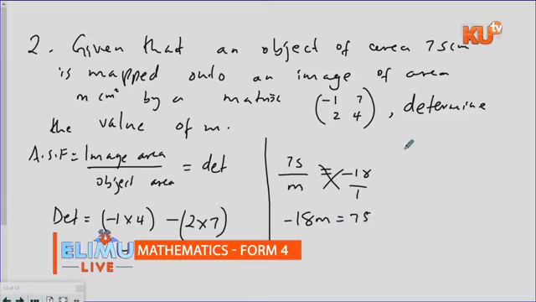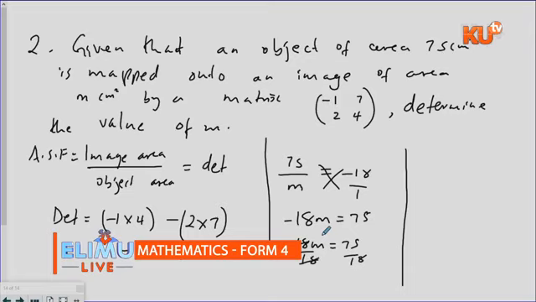We cross multiply, we'll have negative 18m equals 75. But remember, we take the absolute value of m because we're talking about area, and area cannot be a negative value. So it will be 18m equals 75, so m is 75 divided by 18.